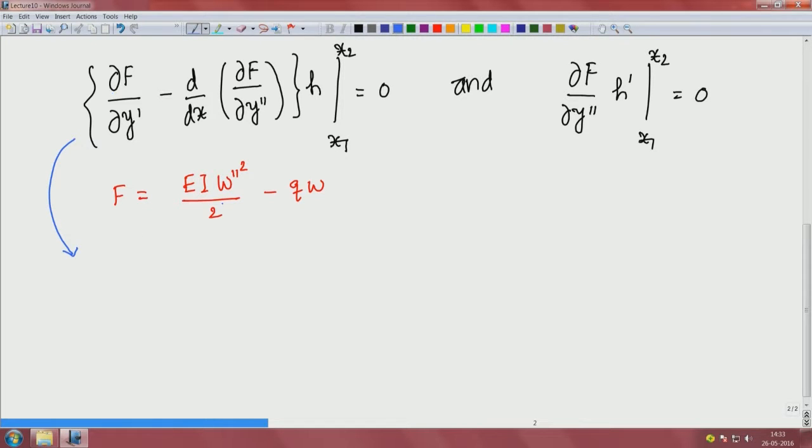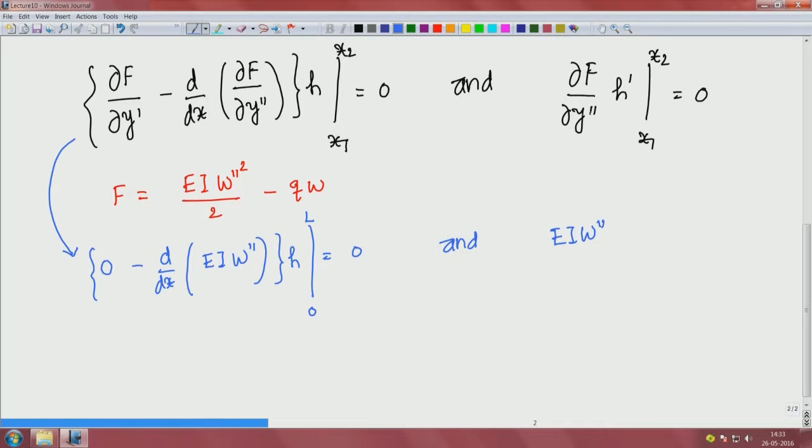There is no w prime, so that is 0, minus d by dx of dou f by dou w double prime, that gives us E I w double prime times h equal to 0, at 0 as well as L, and this one is E I w double prime, which we just did based on what F is, multiplied by h prime, 0 to L, equal to 0.